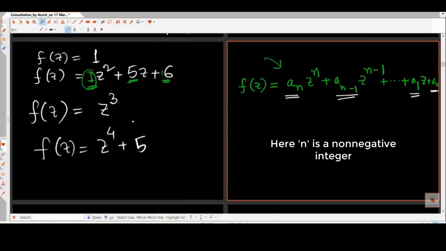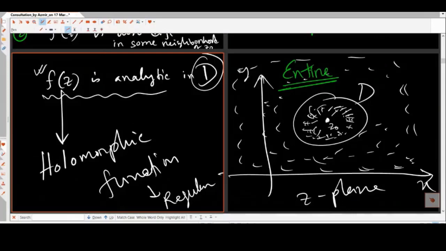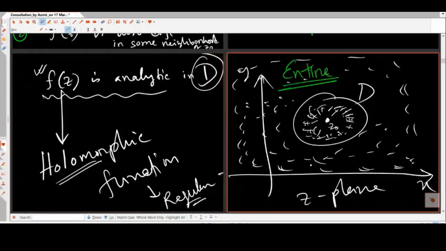So all polynomial functions are entire functions. That means all polynomial functions are analytic. If the function is analytic throughout the domain D, then that function is also called a holomorphic function or regular function. If the function is analytic everywhere, then that is called an entire function.